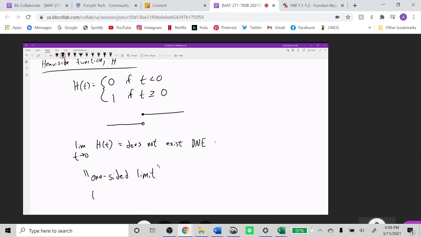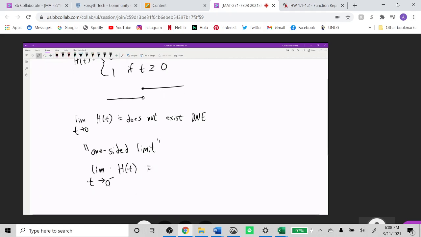I could define, for instance, the limit as t approaches 0 from the left of h of t, with this superscript minus sign.